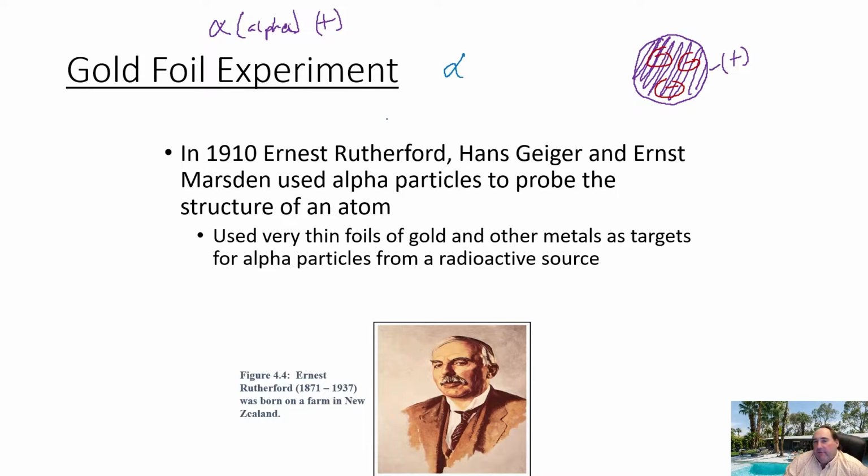So when they shot these alpha particles at these pieces of gold foil atoms, they assumed that these alpha particles would pretty much go through with some deflection. Remember that these alpha particles are positively charged, they're heavy, they're moving really fast. It's sort of the idea of a piece of paper.